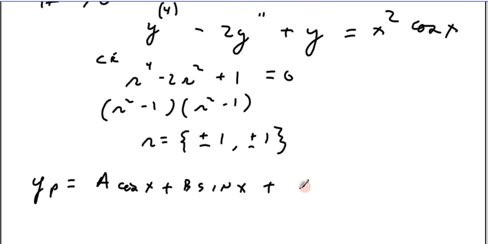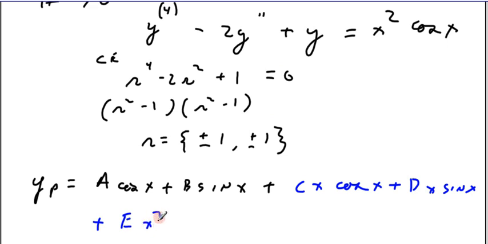Plus c x cosine x plus, again, I did it again, it's a d, x sine x plus e x squared cosine x plus f x squared sine x. And I'm sure that the author thinks that if we had to solve for a, b, c, d, e, and f, we'd make a mistake in the problem and get it wrong anyway. And that's why he's asking us only to go that far with the problem.